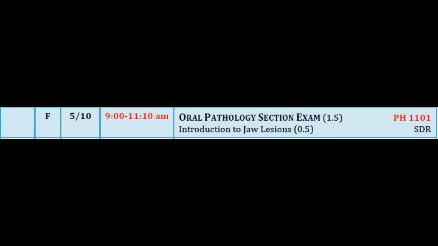So the word ranula actually refers to frog belly. You know how frogs expand their throat to attract mates? It kind of looks like that expanded throat. Why they call it frog belly instead of frog throat, I have no idea, but it refers to the frog appearance.